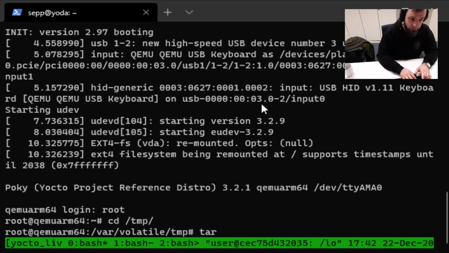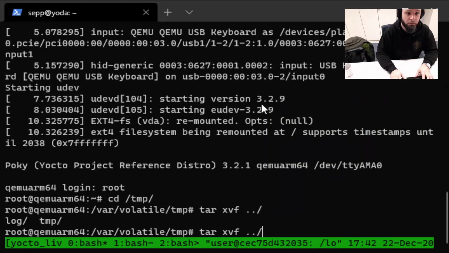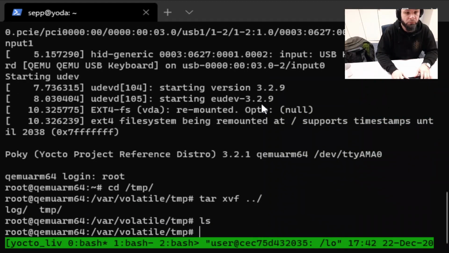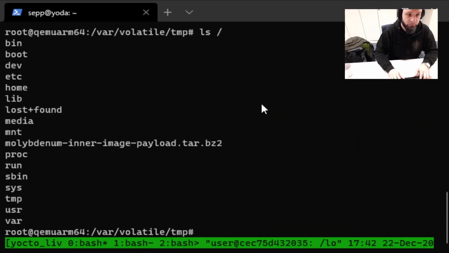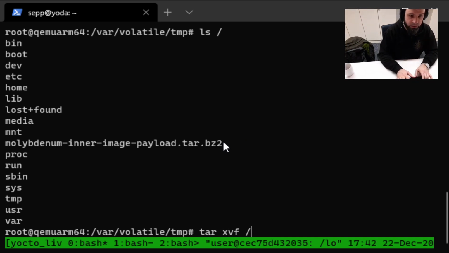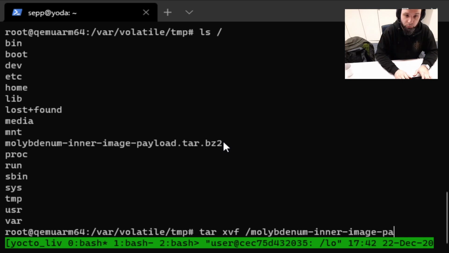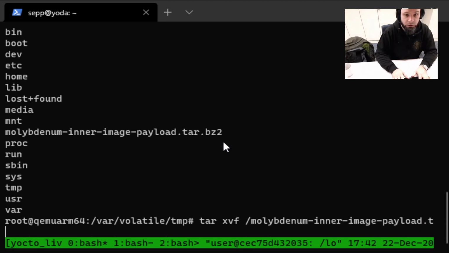tar xvf, slash molybdenum inner image payload tar bc2.